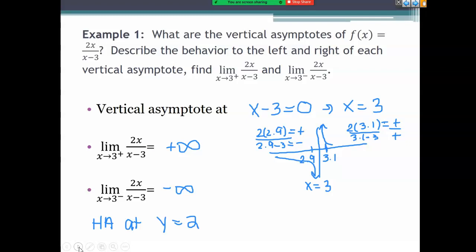So again, that would mean that the limit as x goes to infinity of f of x is equal to 2. And then the limit as x goes to negative infinity of f of x is also equal to 2. Good? Do we see the difference between the vertical and the horizontal?